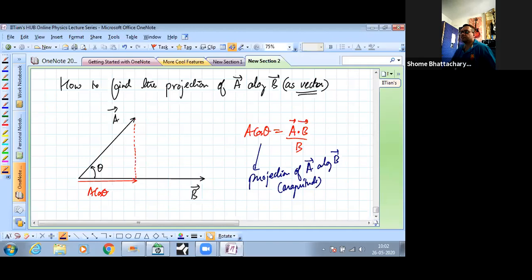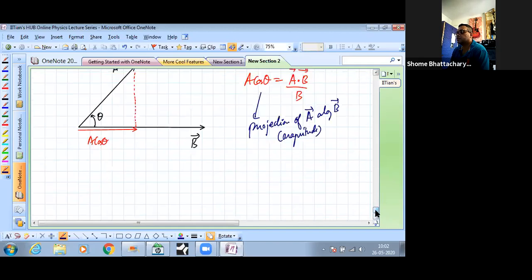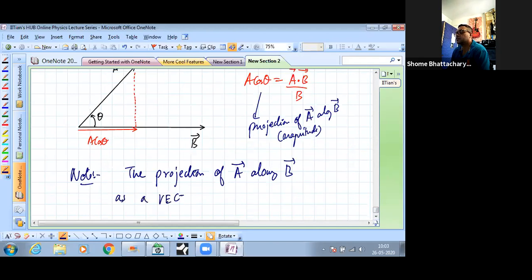Now I want to express this as a vector. So how to express this as a vector? Now you can see that the projection of E along B as a vector has direction parallel to B and magnitude equal to A cos theta.